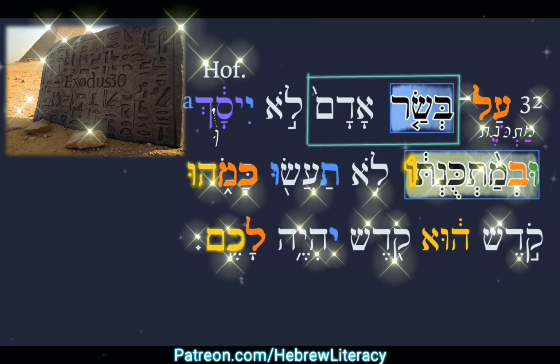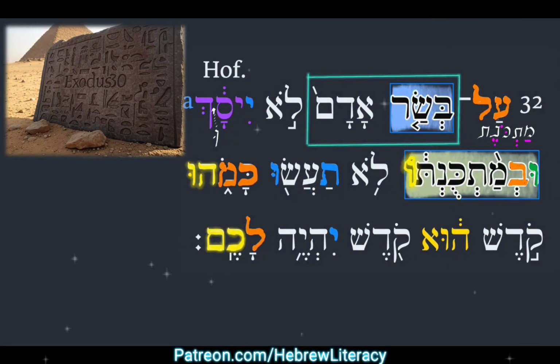And we're back. We will continue with our Listen and Learn Hebrew with directed visual immersion in the book of Exodus, chapter 30, verse 32. Let's just scan it first.